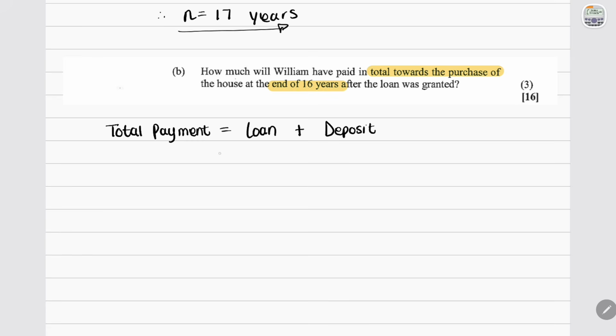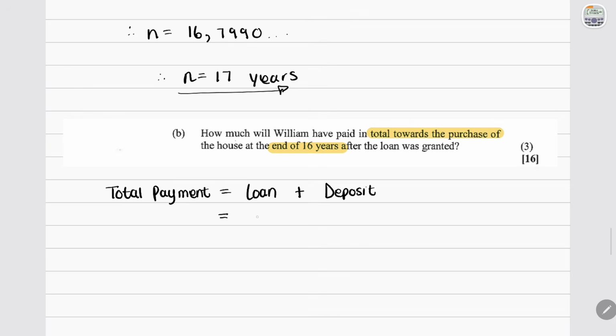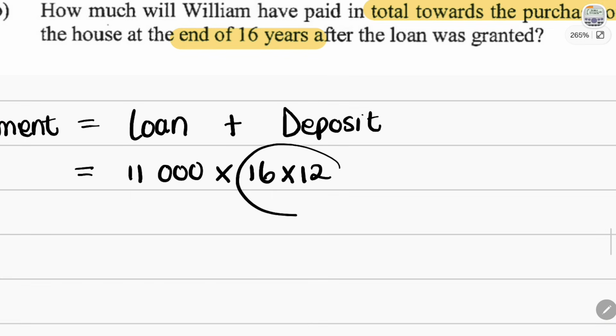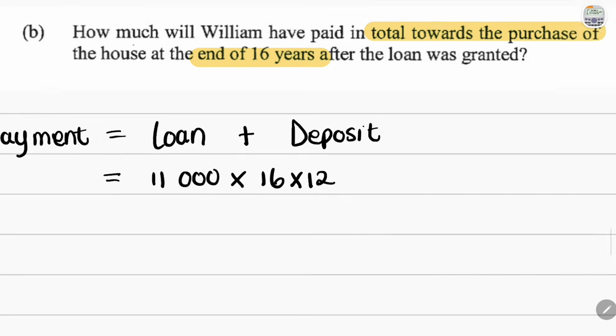He paid that out of pocket. Okay, so the loan, how much did he pay in total? He paid 11,000 every month, okay? And they're saying 16 years at the end of 16 years. So this is 11,000 that he paid for 16 years, but he paid it every month. So you need to still say times 12, okay? So 16 years times 12 months. So all of those years he paid that.